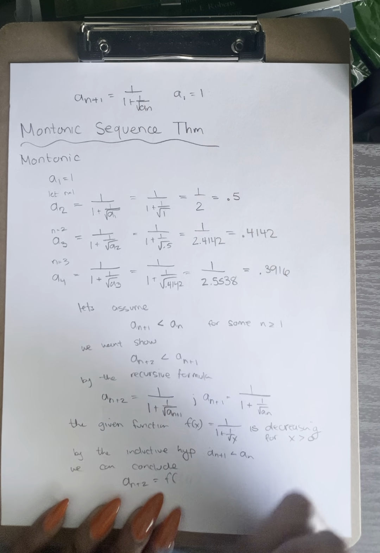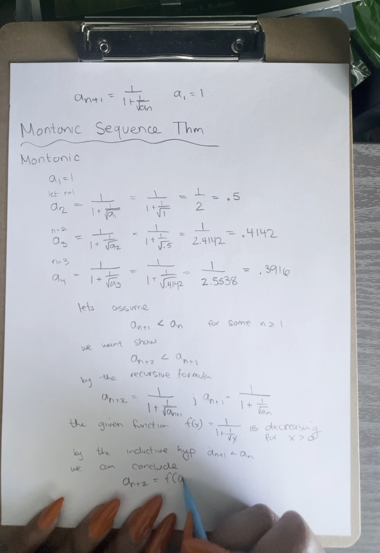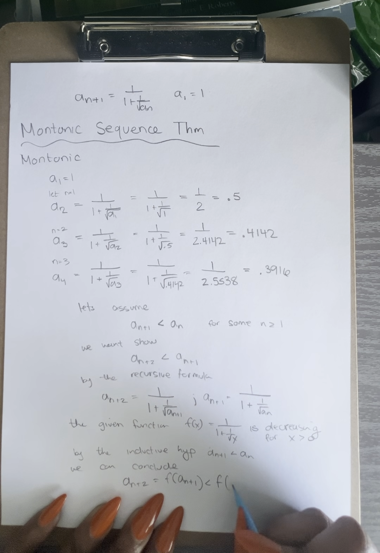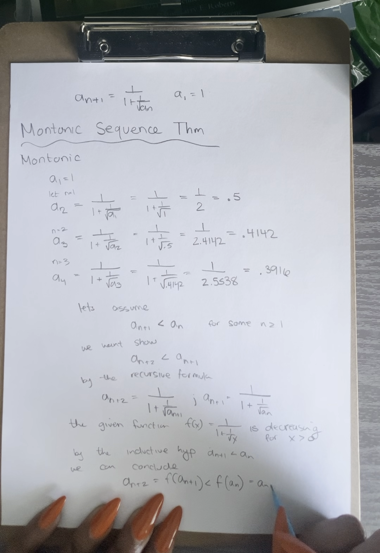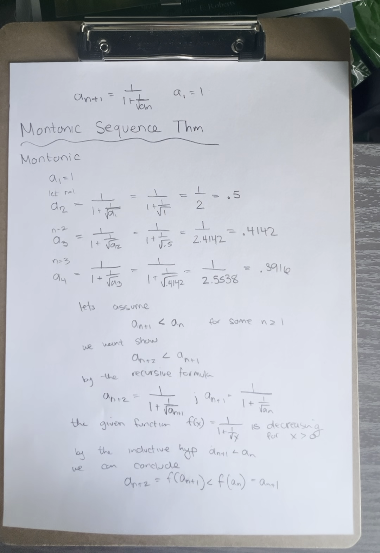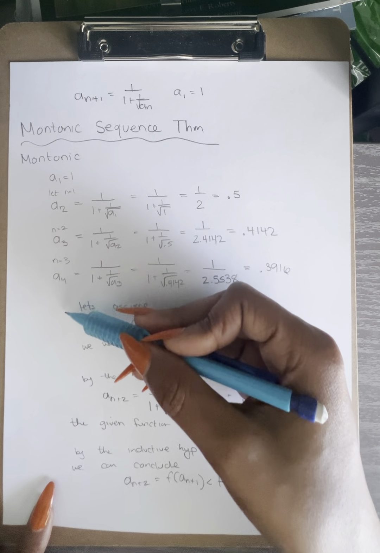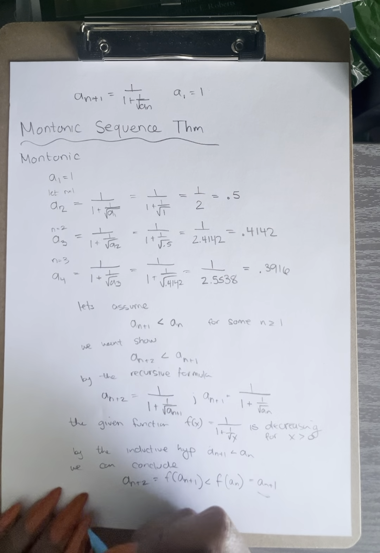As the term that preceded that, n plus 1, which is smaller than the term that preceded that. So because all of these are decreasing, decreasing, decreasing, I could say that my sequence as I continue on decreases.